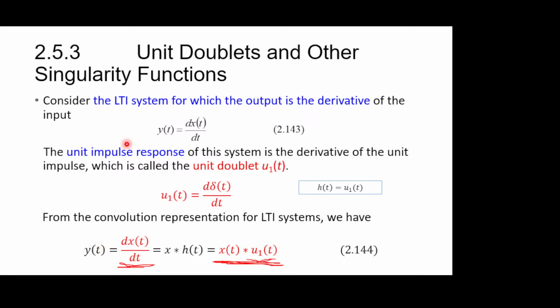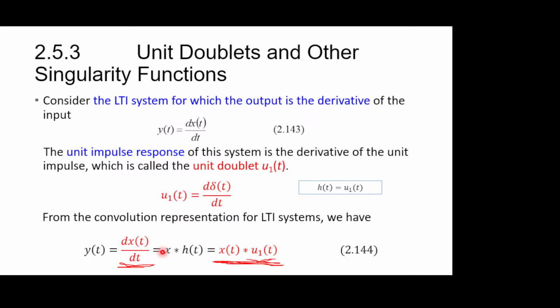To see this, from this system, whatever the output, y of t equals dx over dt, because it's just this system. But now we remember this is an LTI system, and an LTI system we can always represent as a convolution. So this y of t should equal x of t convolved with the unit impulse response of this system, h of t, and we know h of t equals u1 of t.